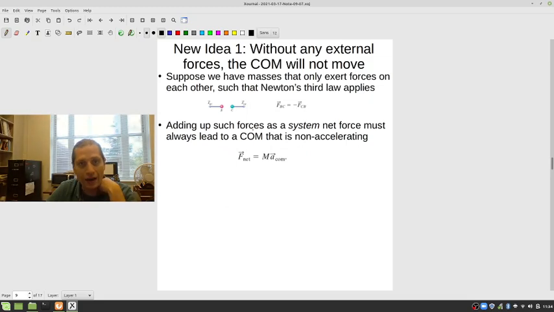So if you add up all the forces, you get a system net force that's 0, which leads to a 0 acceleration. So unless you have forces coming in from the outside, the center of mass of the way that you've defined your system will not accelerate.